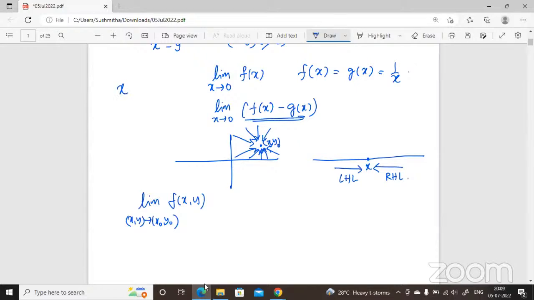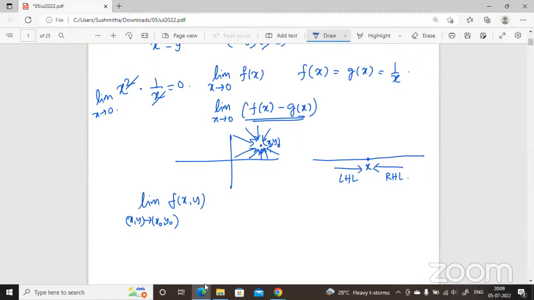But suppose I had something like x squared times 1 by x. Then I cannot say that because there is an x in the denominator, the limit does not exist. You can simplify this term. This is basically x, so the limit is equal to 0.